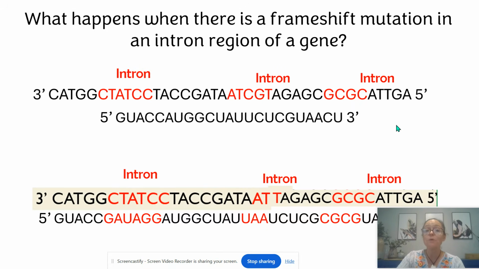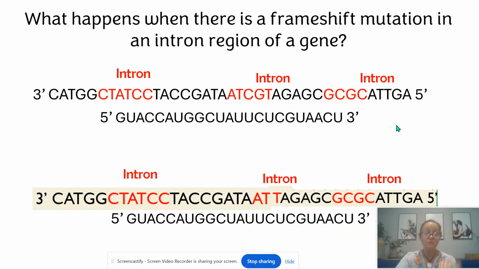However, we're going to go through RNA processing, and RNA processing is going to remove those introns to produce mature mRNA, and then the RNA sequence is the same for both of these. So mutations that happen in introns, whether they're frameshift or substitution, aren't going to have any impact on the actual protein simply because the introns are removed before translation occurs.